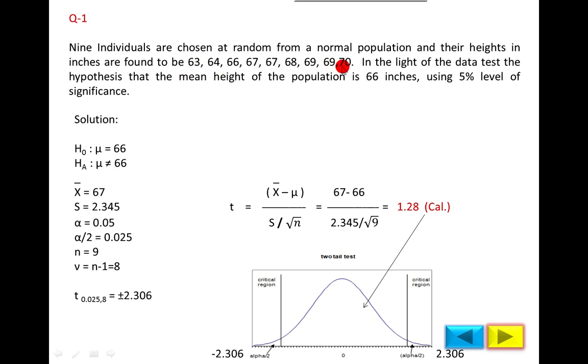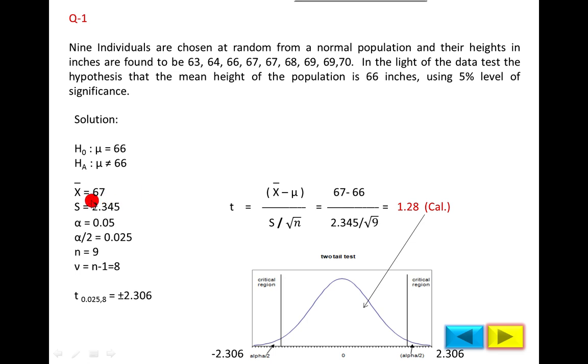Now calculate the mean and standard deviation. You have done this in frequency distribution using the formula of the sample mean. This is ungrouped data. In testing of hypothesis we will calculate directly from the calculator. I have already explained how we calculate the mean and standard deviation directly from the calculator in form D. So you can ask your colleagues or class fellows, or you can ask in my office.